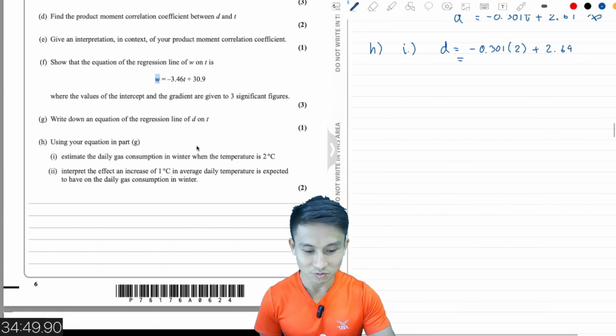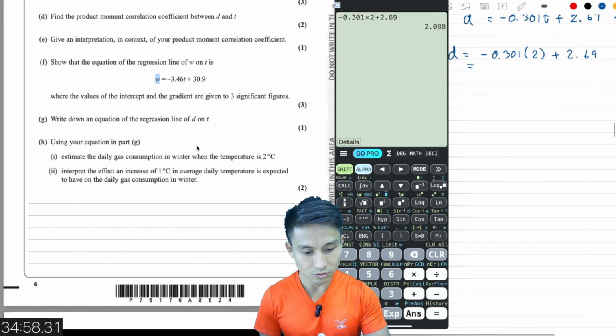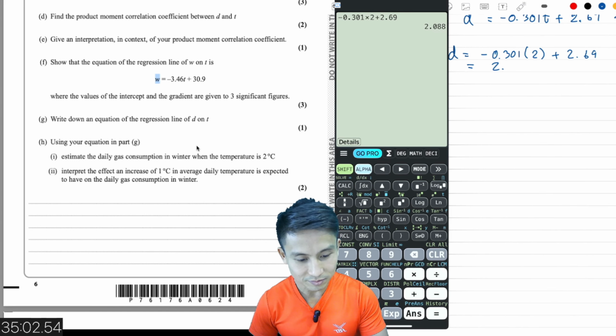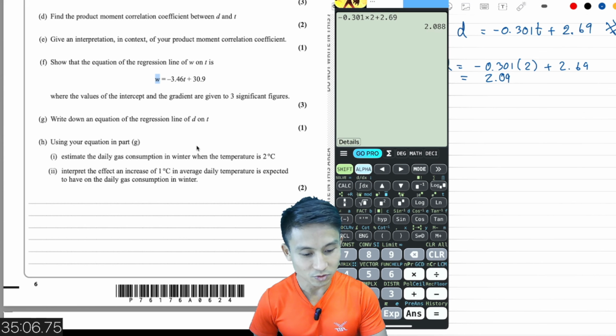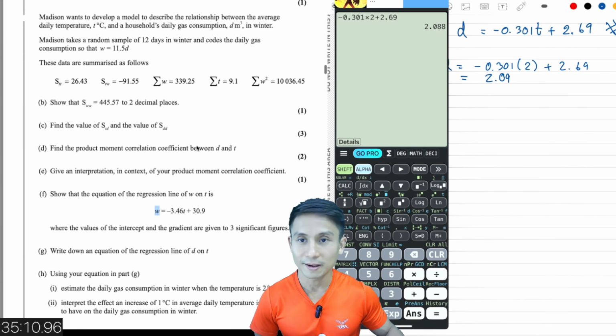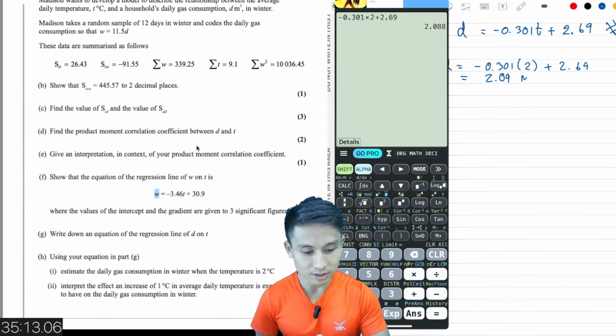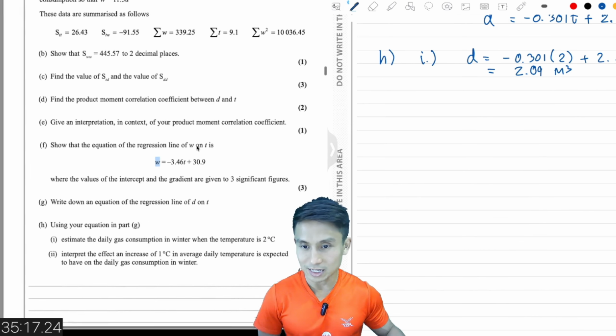So whatever that gives me is going to be the answer. Yeah, so I'm just going to make it like 2 decimal places here. We don't want to go too far there. So it's just 2.09 cubic meter.